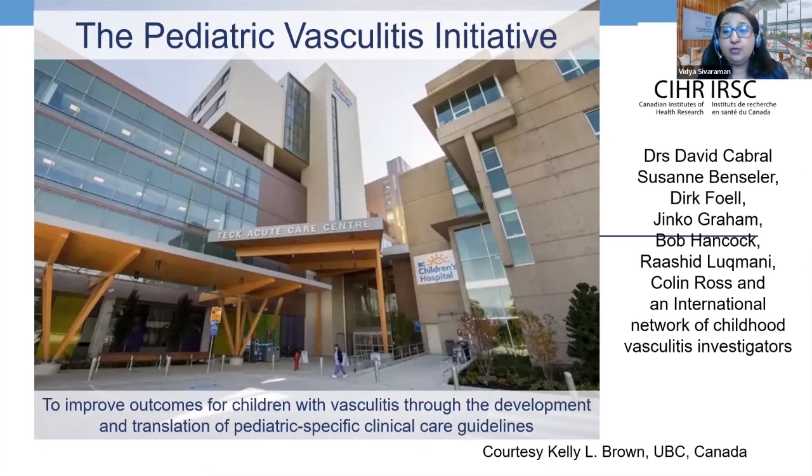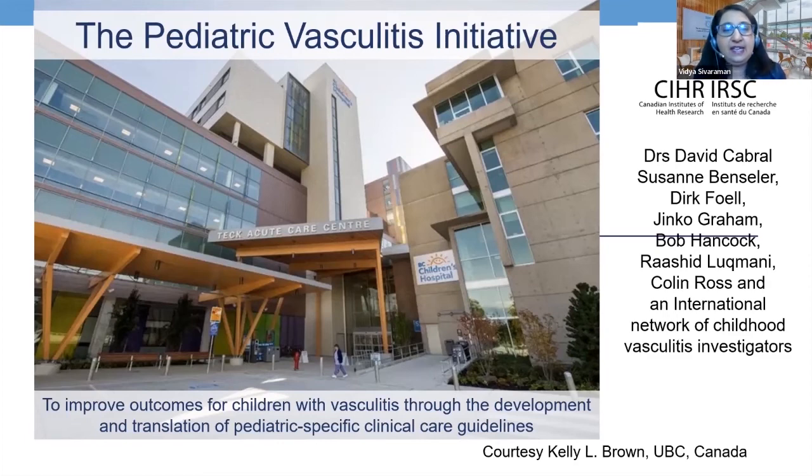So what we as a group, and I mentioned that we have a group of investigators that are keenly working on vasculitis, we're fortunate to have what is called a registry that is based out of the University of British Columbia in Canada, in Vancouver. And Dr. Cabral, who's mentioned there on the right, is the head of the rheumatology division, and he is also one of the co-leaders for our vasculitis research group.